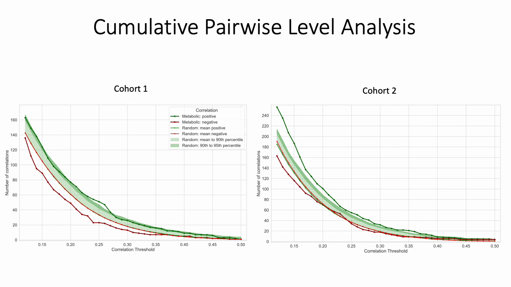the cohort 2 specifically. The y-axis shows us the number of pairwise correlations per threshold. The x-axis shows us the thresholds. And the dark green line shows us the number of positive correlations that were metabolic.